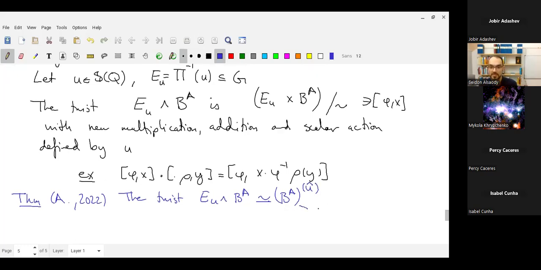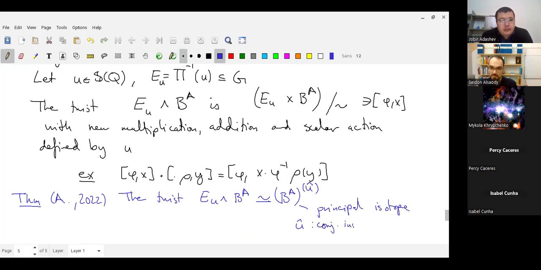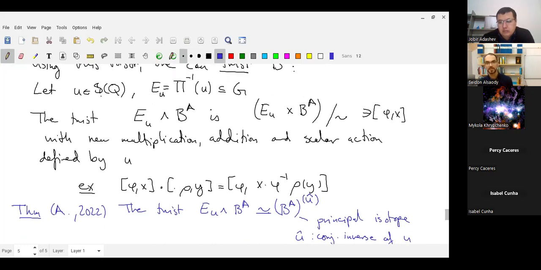So this is the principal isotope. And U hat is the conjugate inverse of U. So there's a lot going on in here. One has to prove that if an element has norm 1, then it is conjugate invertible, it has a conjugate inverse, and the twist is on the nose the isotope.